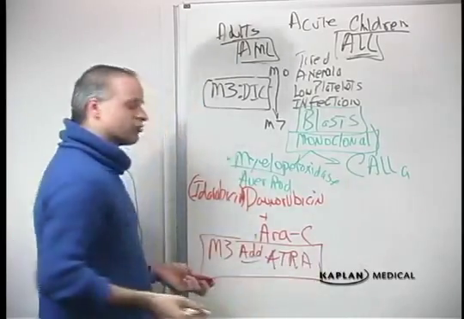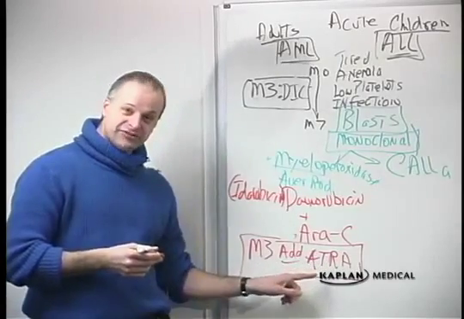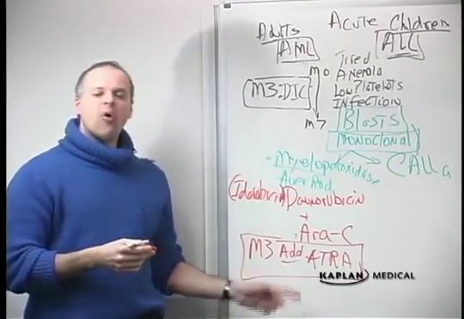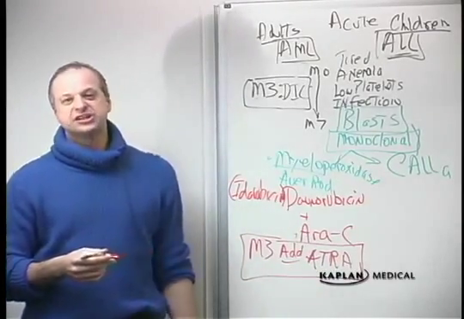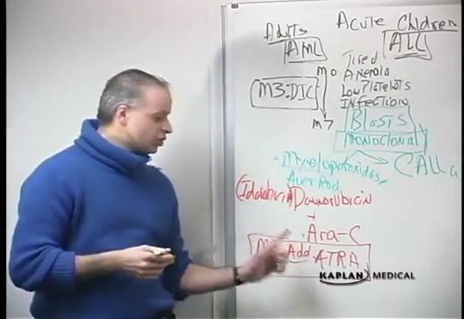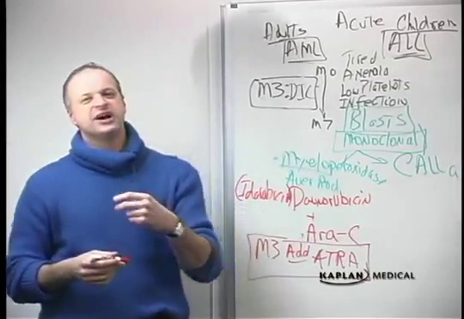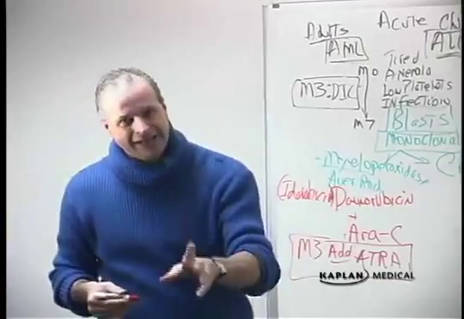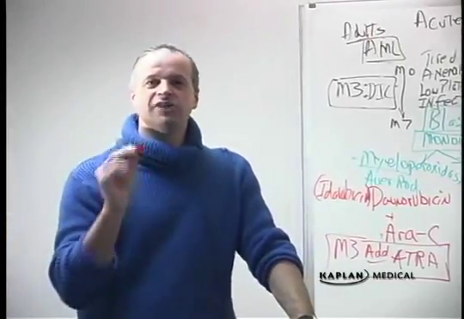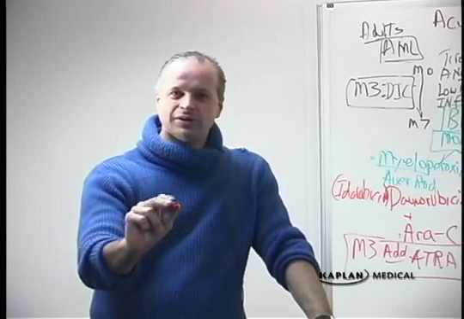All-trans retinoic acid. The retinoic acid, like the stuff that you put on your acne, is what's used for the person who has promyelocytic leukemia, because the retinoic acid, the vitamin A derivative, compels the differentiation of these immature cells and says, grow up, get a job.